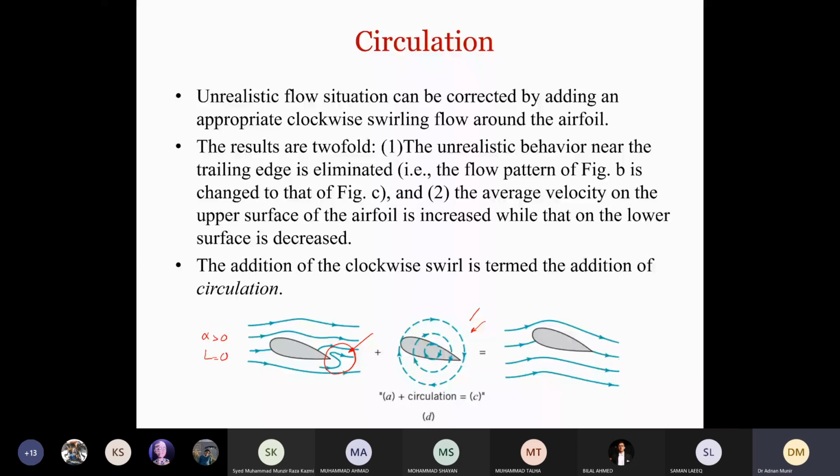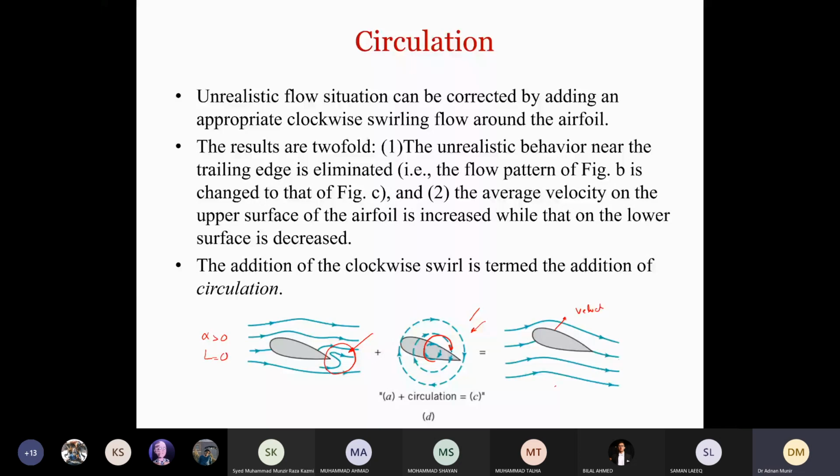And two, the average velocity on the upper surface of the aerofoil is increased, while on the lower surface it is decreased. So now you can see, if we add a circulation like this, when this circulation combines with this incoming flow on the top, the velocity will increase here.